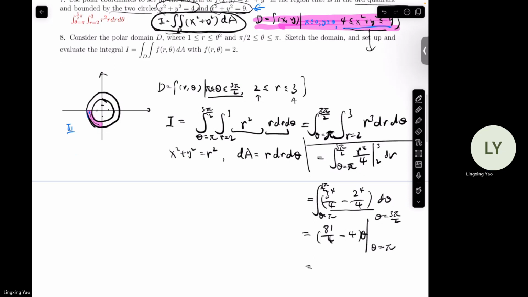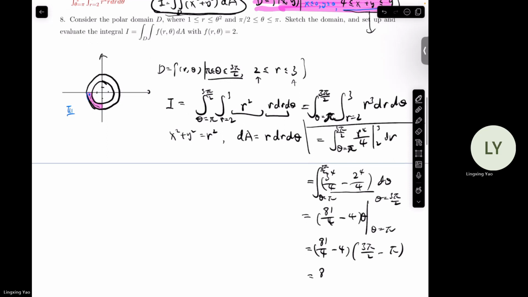So we get 81 over 4 minus 4, times 3 pi over 2 minus pi, which is half pi, right? So 81 minus 16 is 65, over 4 times pi over 2. So this is 65 pi over 8. So this is the answer.